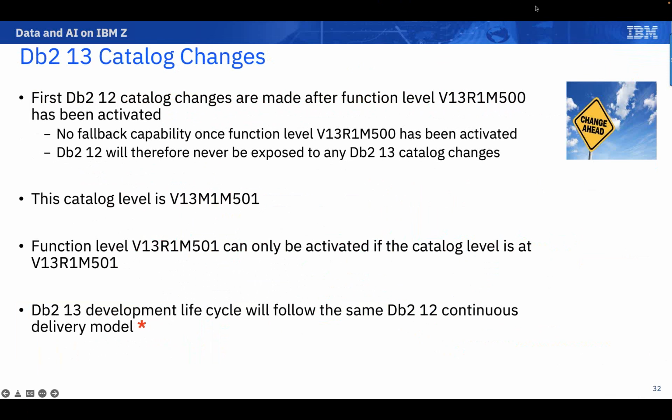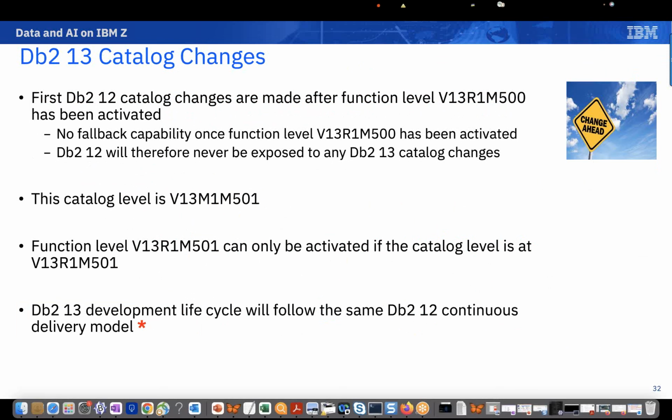So remember, you cannot even go to 500 if you have any active version 12 members. So once, let's see, there's no fallback capability once you've gone to 500 or above, so you can no longer be in release coexistence or fall back to version 12.